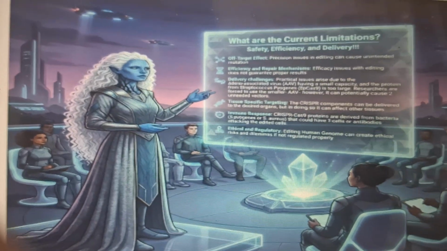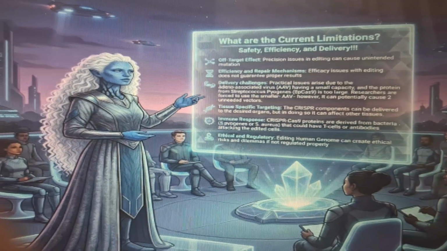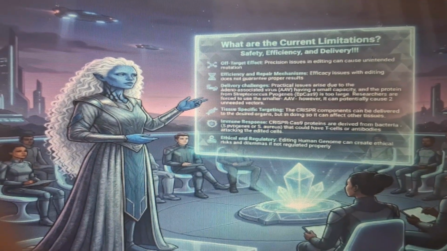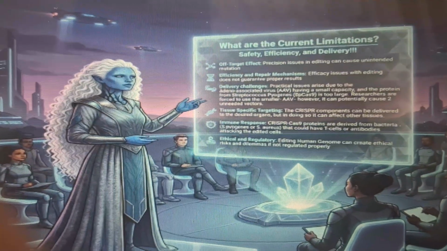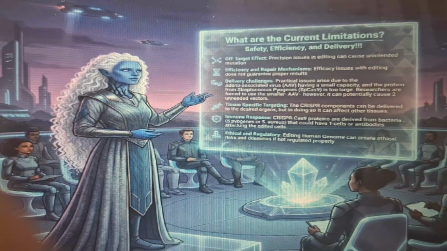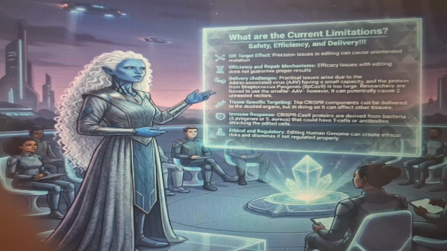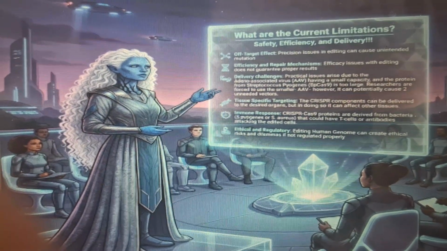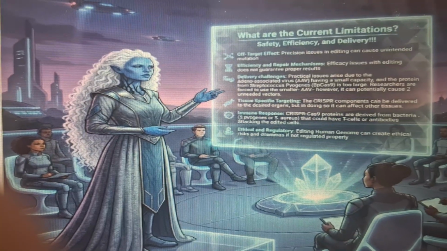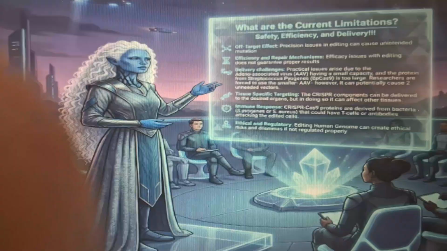The protein from Streptococcus pyogenes, sorry if I'm messing this up, SpCas9, is too large. Researchers are forced to use smaller AAV. However, it can potentially cause second-generation vectors.